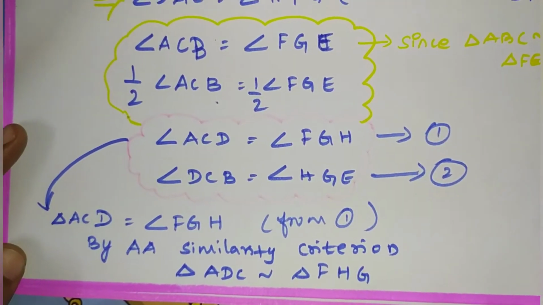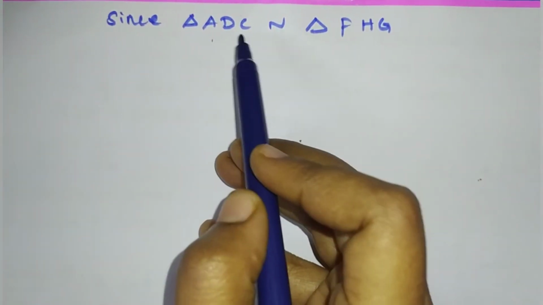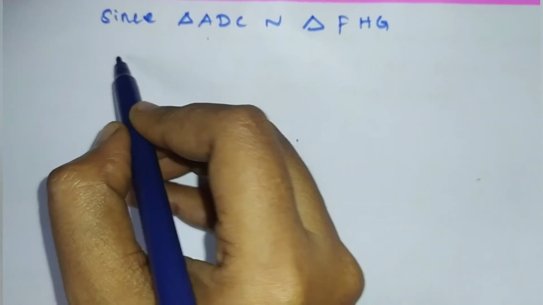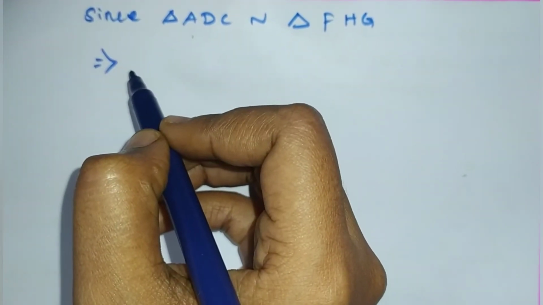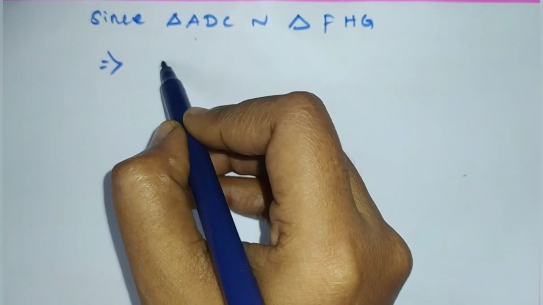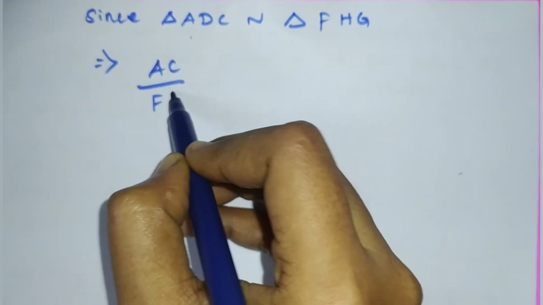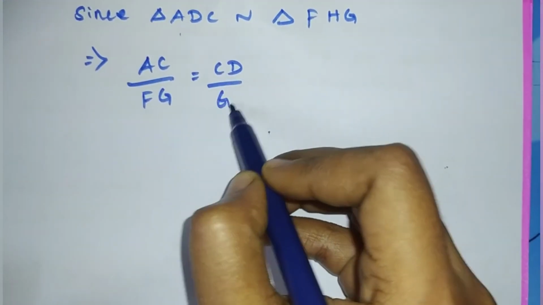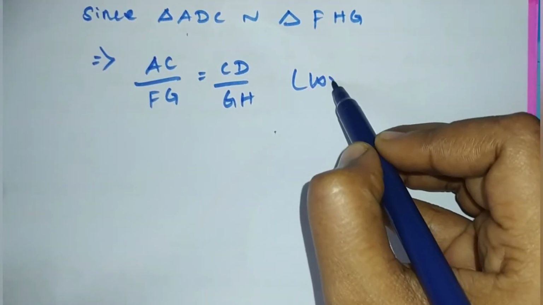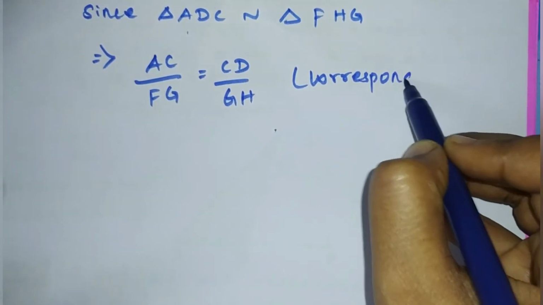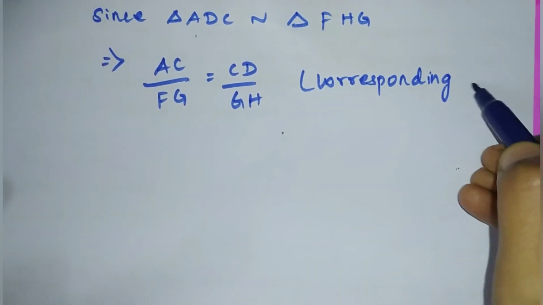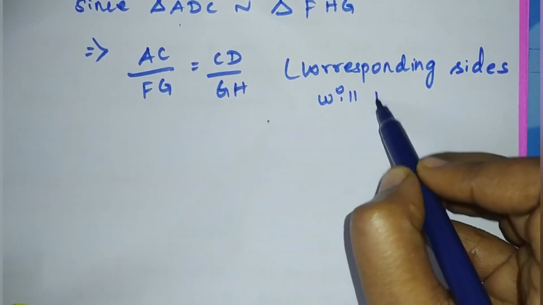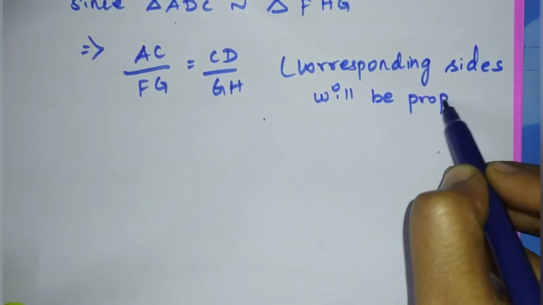Since triangle ADC is similar to triangle FHG, the corresponding sides will be proportional. So AC divided by FG is equal to CD divided by GH.